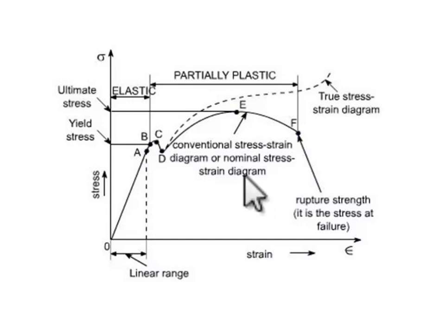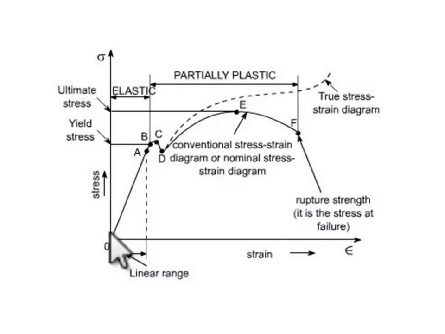Now this is called the stress strain diagram, and it is for mild steel. From here we can understand plastic deformation and elastic deformation. Let's consider a cylindrical part of mild steel, and we apply a tensile load along its length.